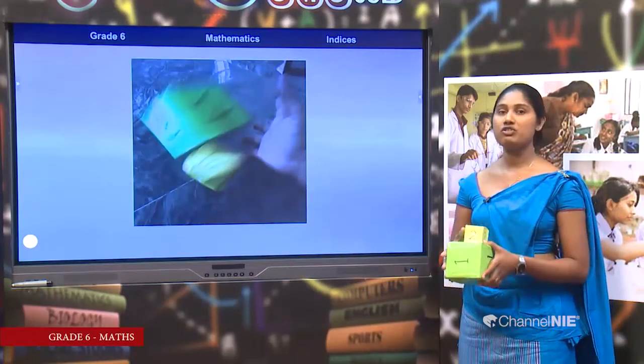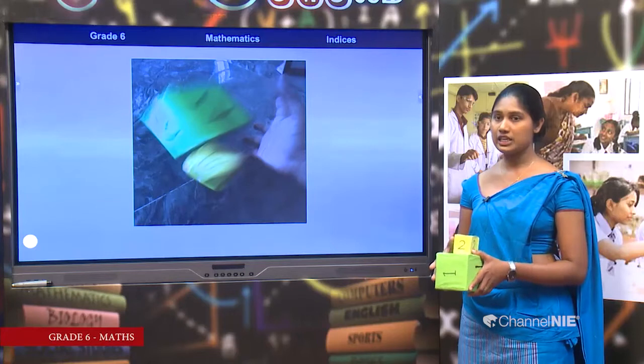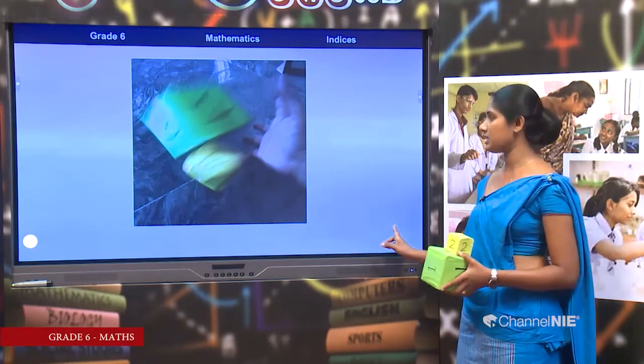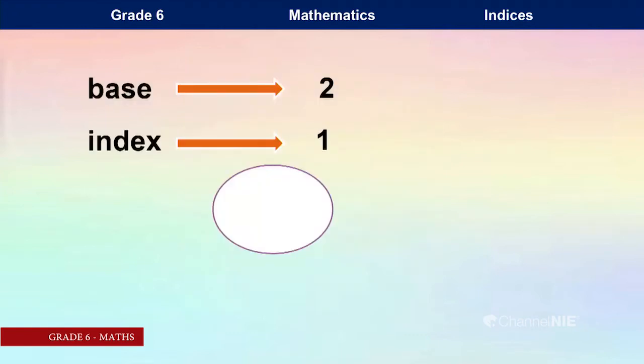First, I have to roll these 2 dice together. Then see what faces you can see. Here, the largest one is 2, and the smallest one is 1. So, I have indicated the largest one is the base and the smallest one is the index.